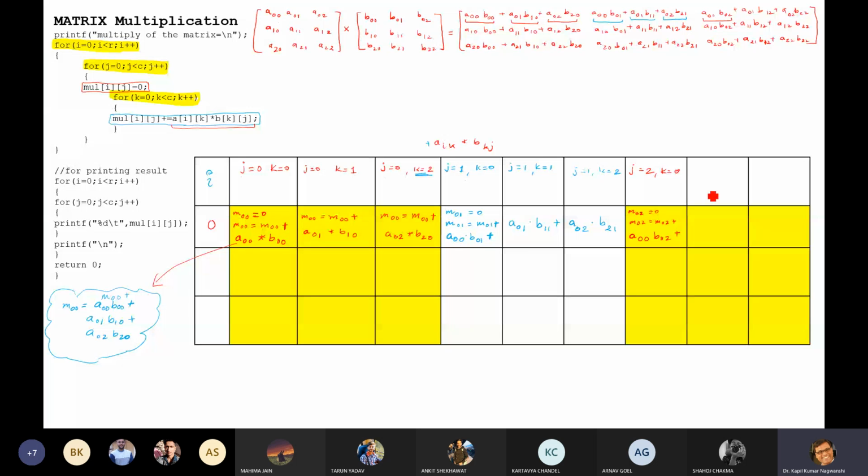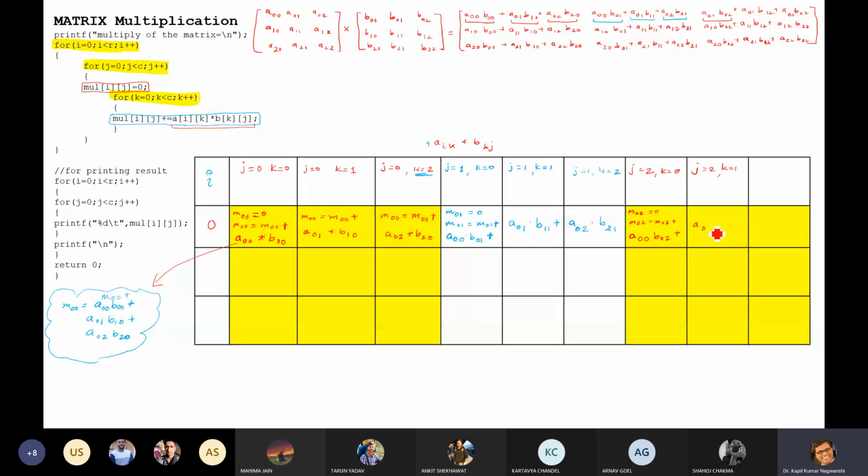Now come to J equals 2, K equals 1. So what will be coming? Now we are using this term only. So A IK, I is 0 and K is 1, multiplied by BKJ.